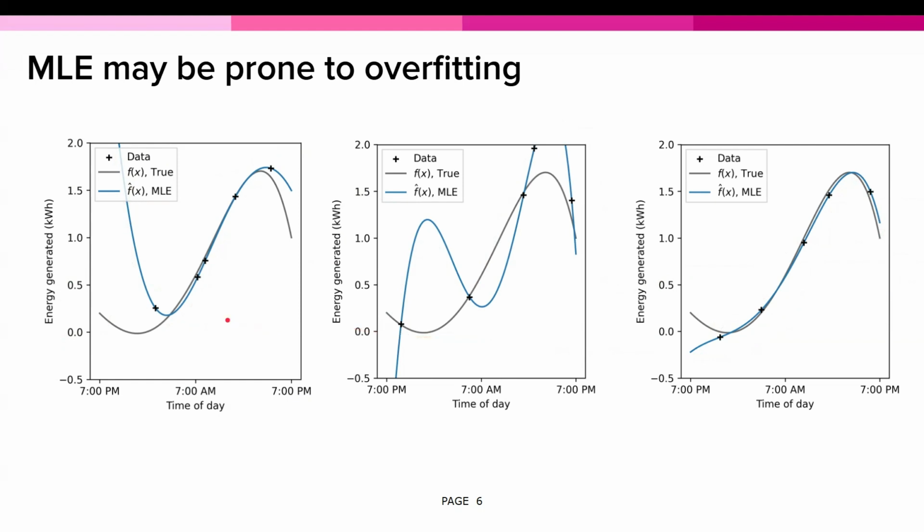As you can see, each of the MLE fits captures a relationship between the energy generated and the time of day, but they're very different from one another. In the left and middle plots, we can see that the MLE fits a curve that oscillates pretty dramatically and deviates significantly from the true function, even though the data points don't seem to necessarily suggest these wild variations. As a result, these MLE fits would generalize really poorly to new observations.